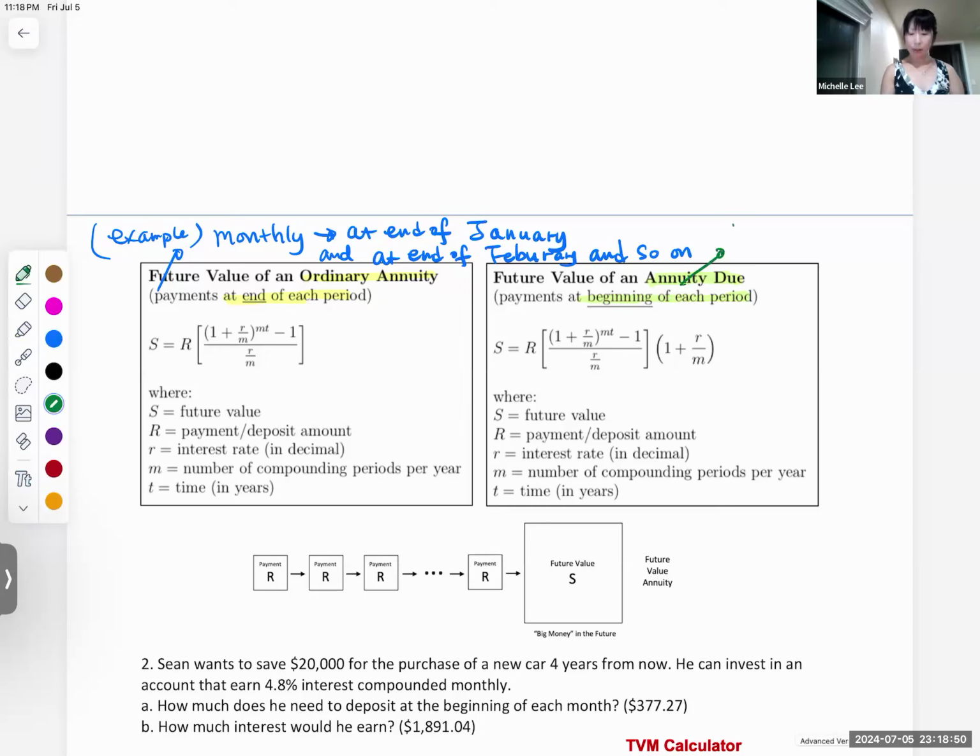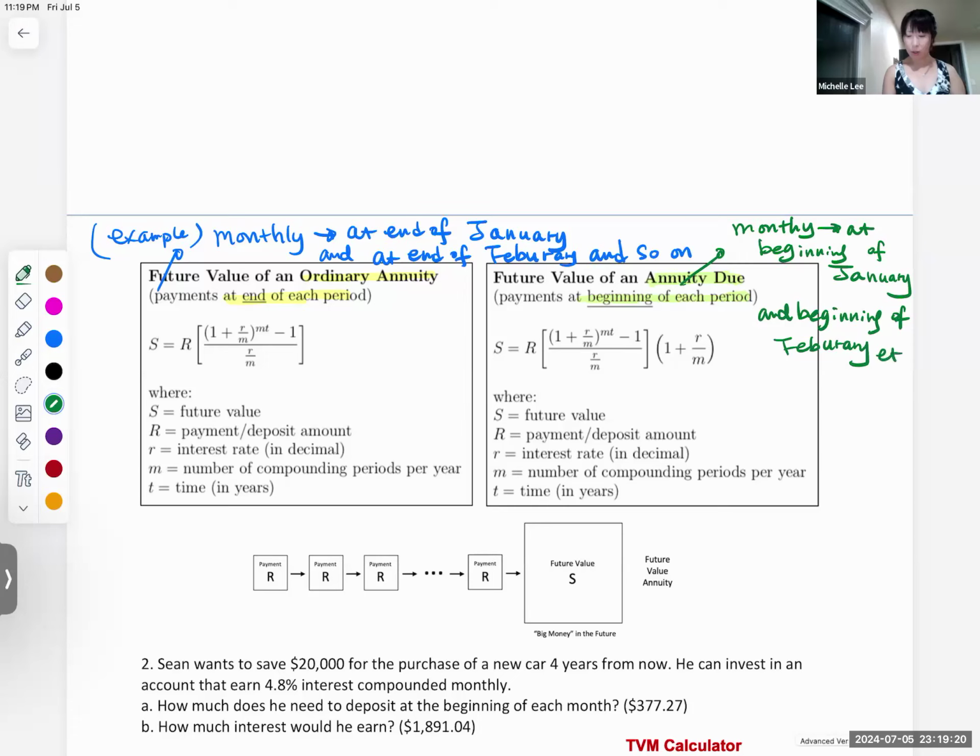So for monthly payment, the annuity due is, we can say that at the beginning of January, right? And the beginning of February, right?